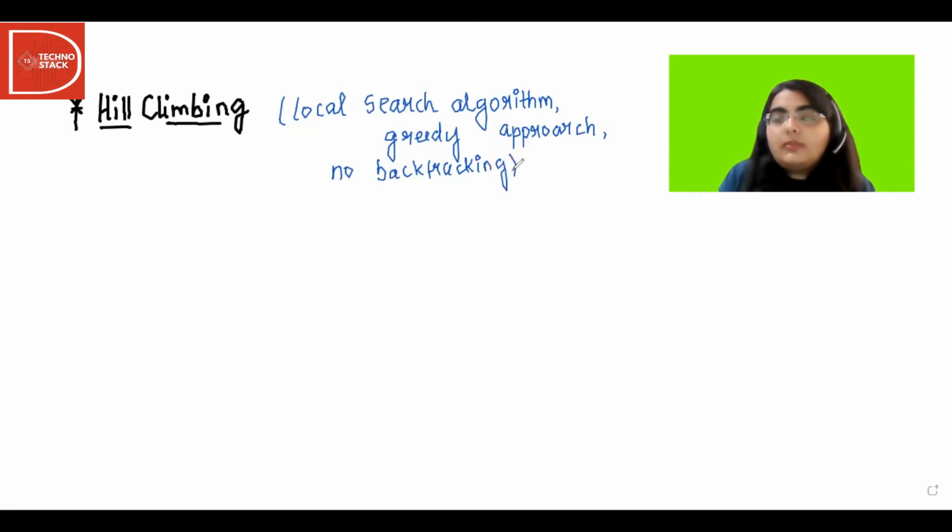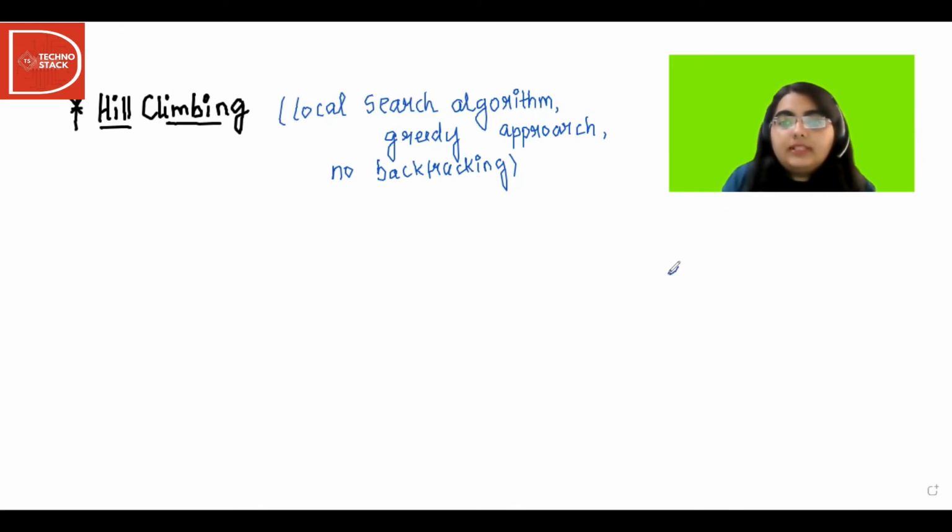Basically, when we are using hill climbing, just imagine that you are visiting a hill station and you have to climb up. Till you reach the maximum point of the hill, you keep moving forward, and then you stop to view the peak.